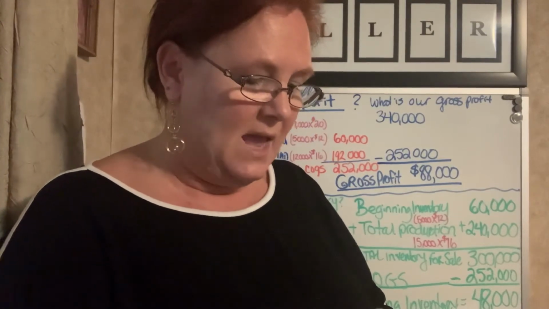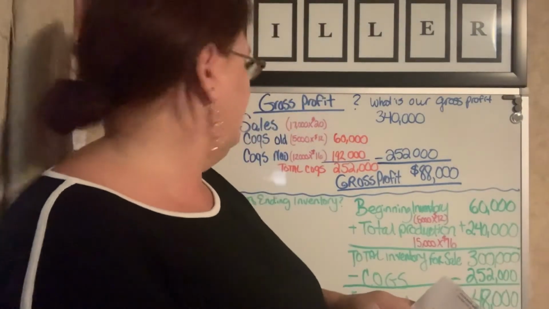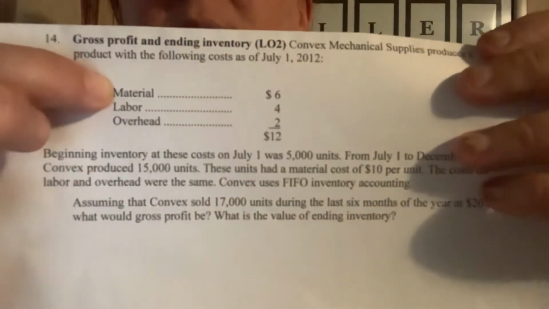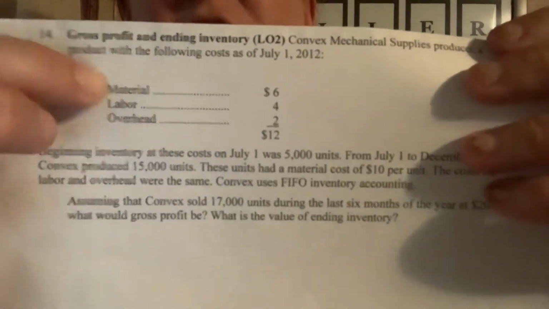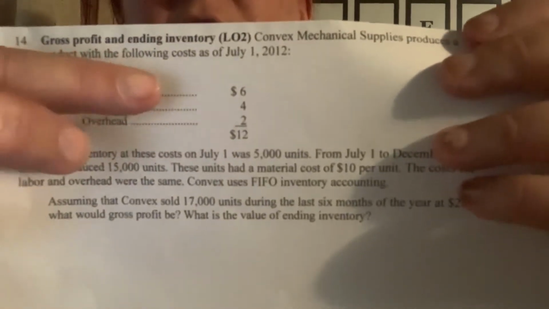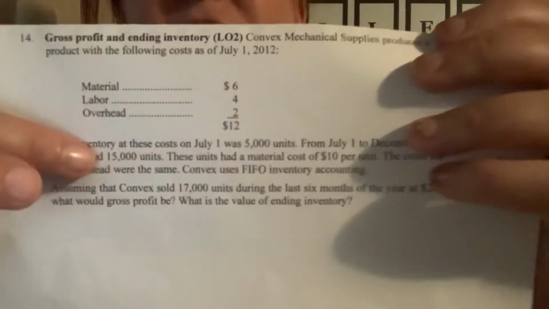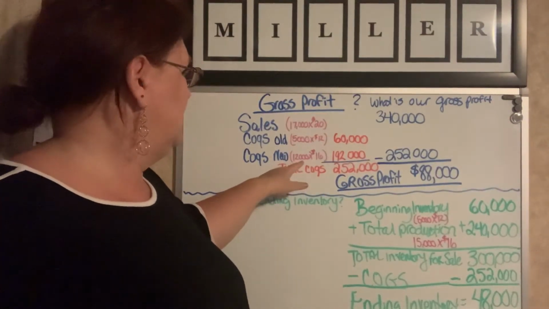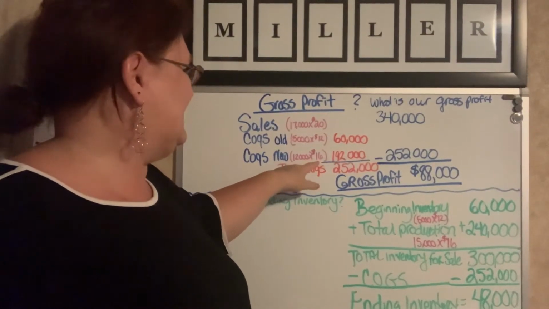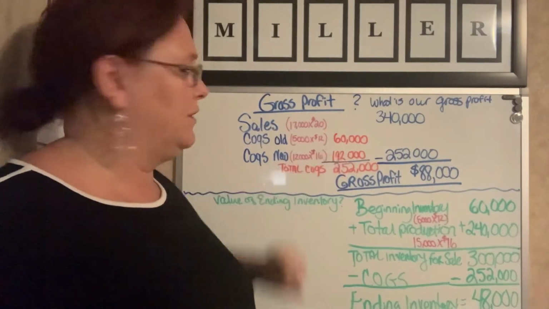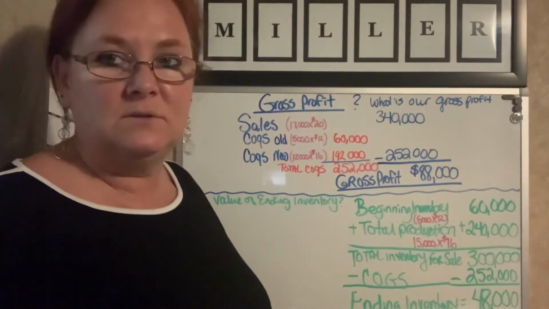These new units had a material cost of $10 per unit. So if you look at, again, their old book material cost was $6. So you have to swap that out and put $10 in there. So if you add $4 more, 4 plus 12 equals 16. So we have 12,000 new multiplied by $16 cost gives you 192,000.